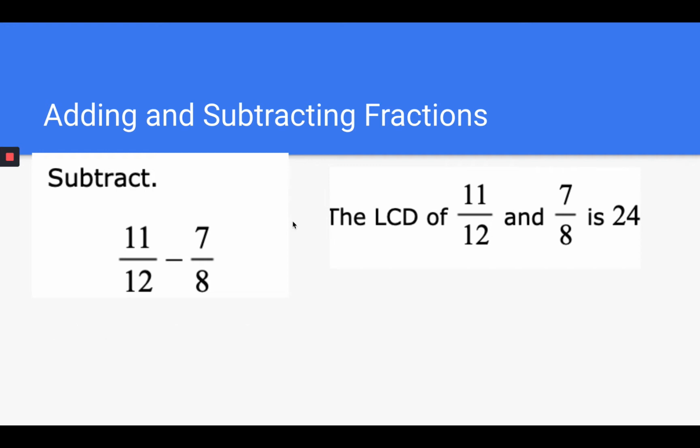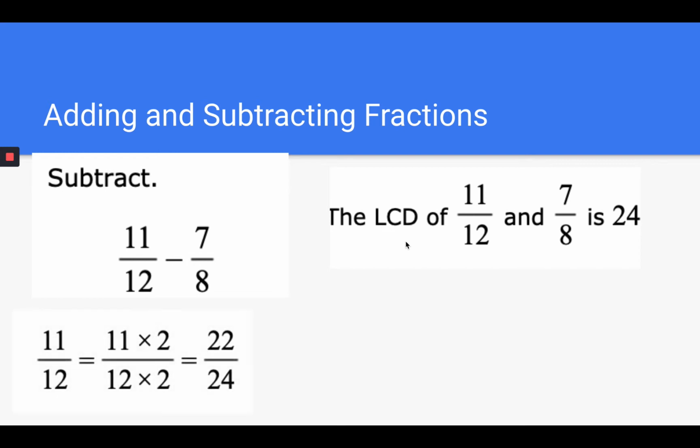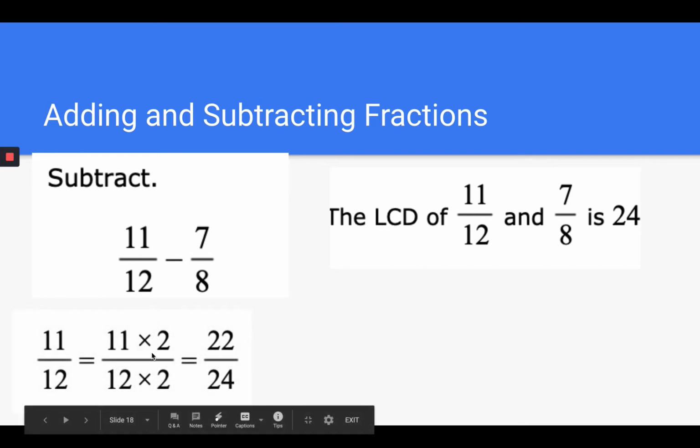Okay, so we know we're going to change both the denominators into 24. So I want you to think about what number you have to times 12 by to get 24. And whatever number you multiply 12 by, you've got to multiply 11 by. In this case, it's 2. 12 times 2 is 24, so 11 times 2 is 22.